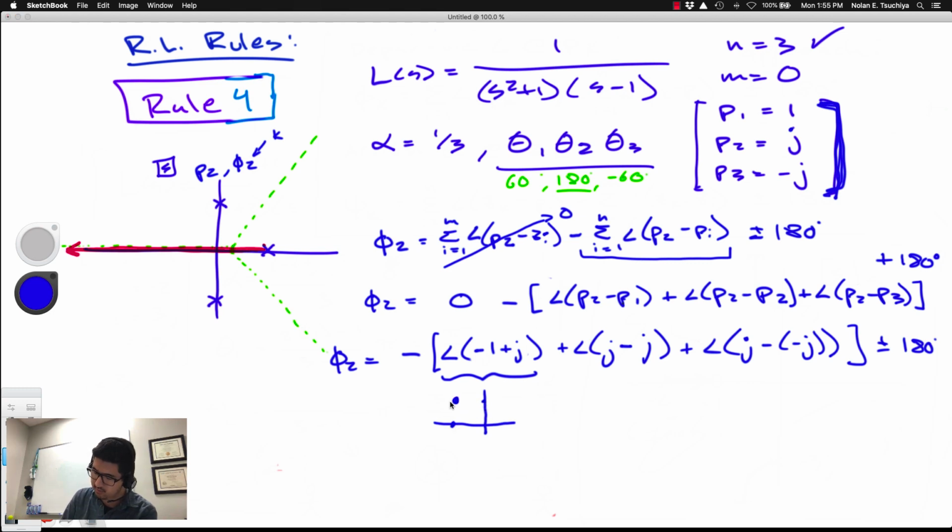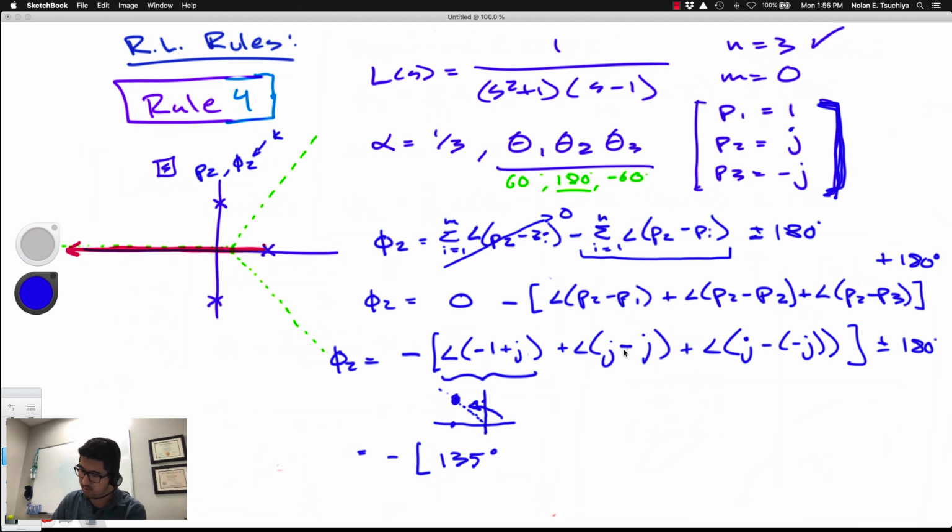So that complex value is right here in this quadrant, and the angle of that complex number is that angle there. So I'm looking for the measurement from the positive real axis to this dotted line that passes through the point negative 1 plus j, which I can see by inspection is 135 degrees. So it might help you to sketch out what the complex number looks like, and it'll help you very quickly see what the angle should be.